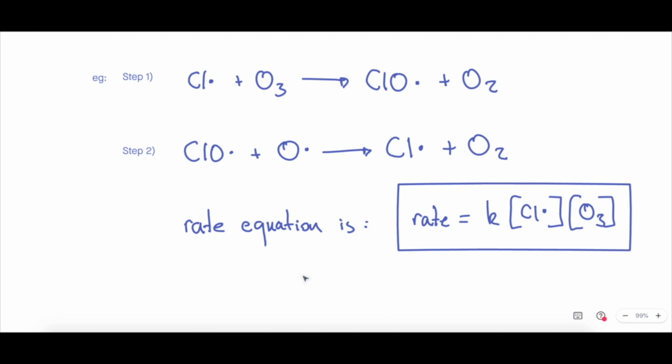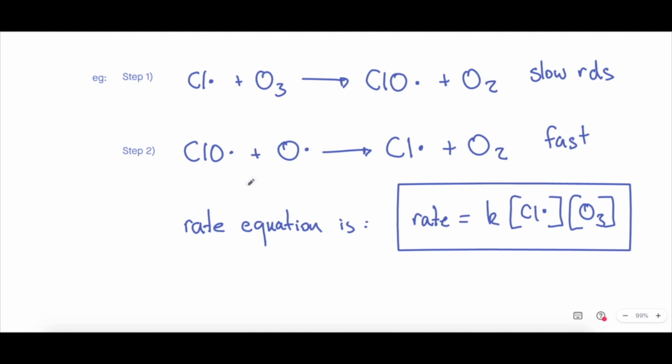So from this, you can work out what the rate determining step is and what the faster step is, because you can see that in the rate equation, we have Cl radical and O3. So that must mean that the rate is determined by these 2 reactants, and out of these 2 steps, the first step is the one that contains both of them. So that means the first step is the slow rate determining step, and the second one is the fast step.